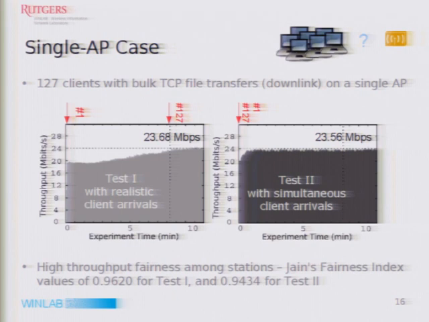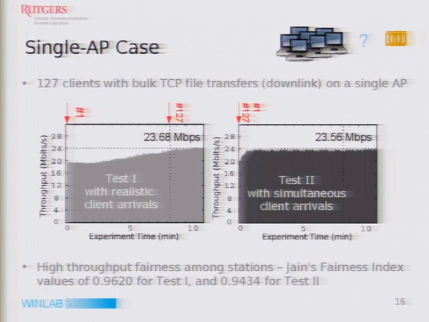Once 127 clients come, the system capacity is 23.68 megabits per second, which is quite close to what you would expect from an 802.11g network. And what's the theoretical maximum given all the overheads? I believe it comes to somewhere around 27, if I'm not mistaken. This is for UDP.